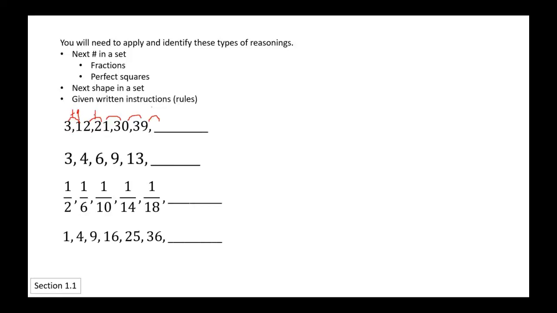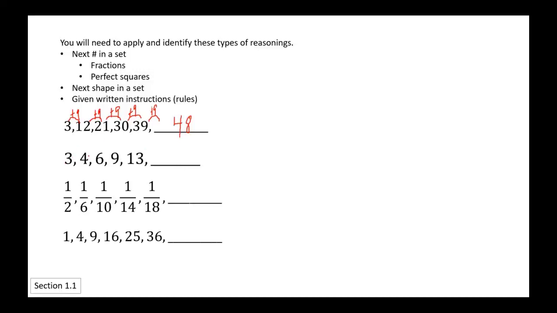Aha. And 12 plus 9 is 21, plus 9 is 30. I feel like we're on to it. So based on my inductive reasoning, I should add 9, and 39 plus 9 is 48.